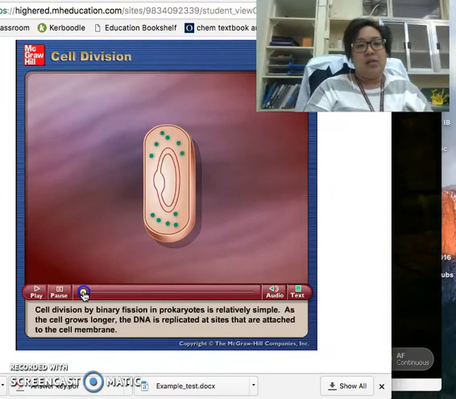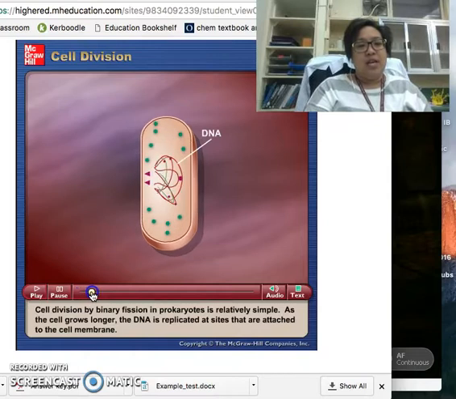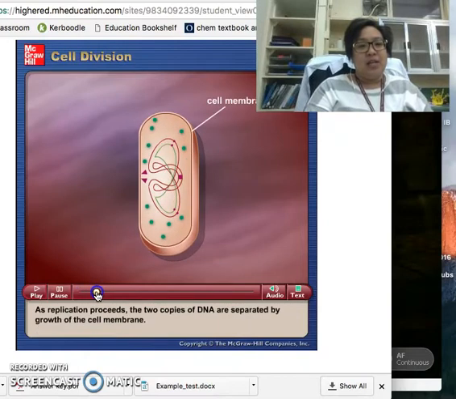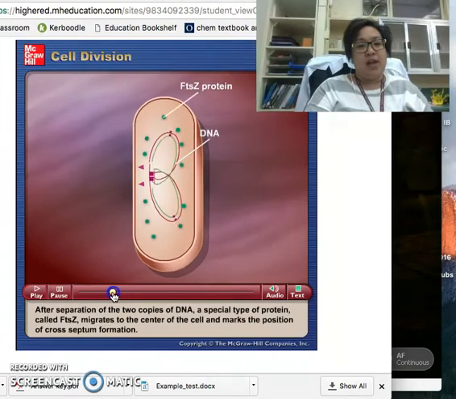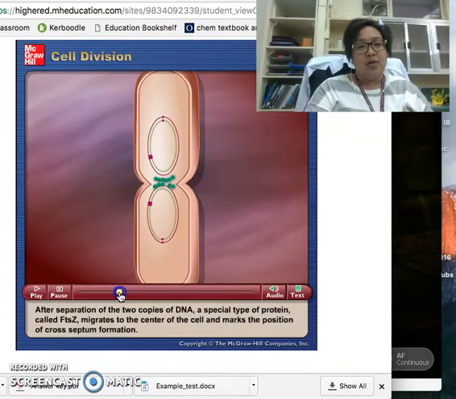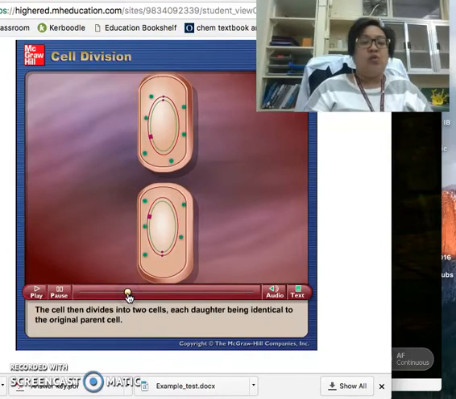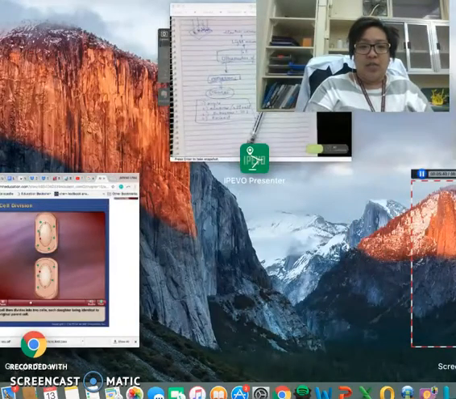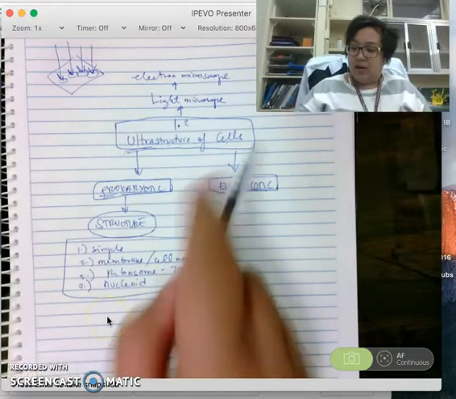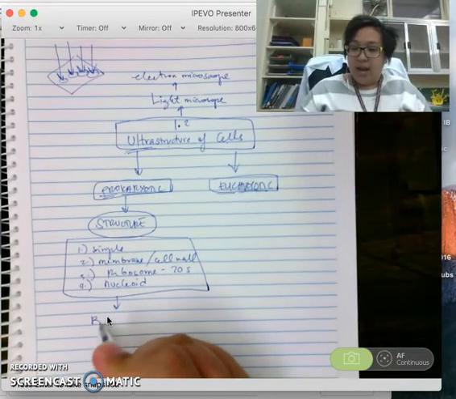What happens is the cell elongates, the DNA replicates, and then it will pinch off in the middle. There we go, dividing it into two. So that's how they reproduce. It's a very simple process, and we call this binary fission.